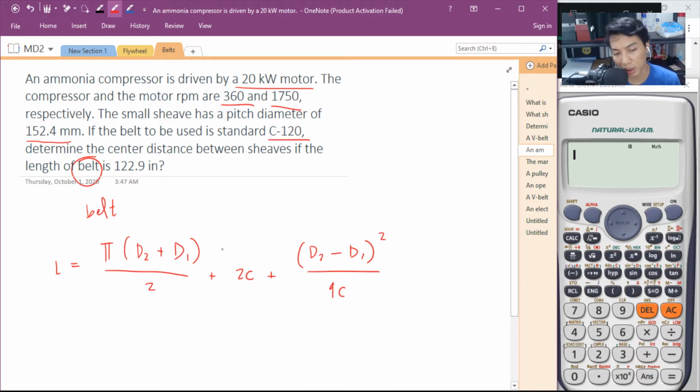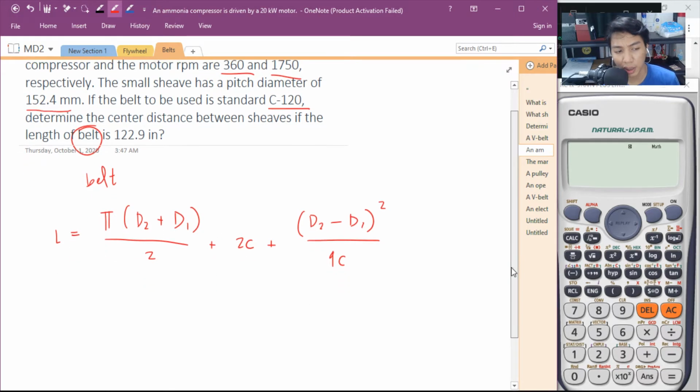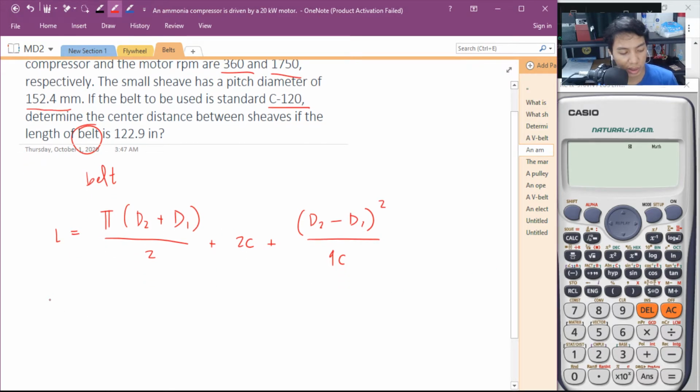Ang hinahanap natin is C. Shift solve na lang natin. So, the L is 112.9. Multiply na natin ng 25.4 para maging 122.9 pala. Multiply ko na ng 25.4 para maging mm. Equal to pi multiplied to D2.